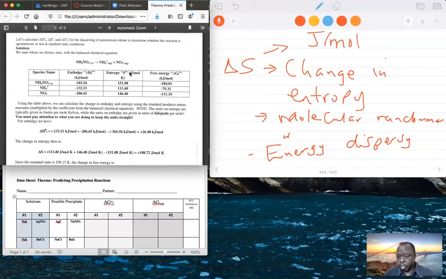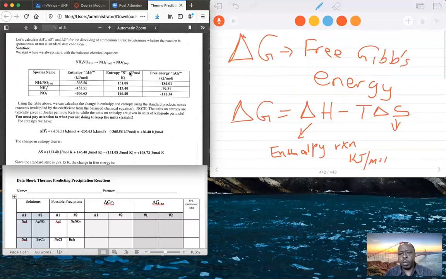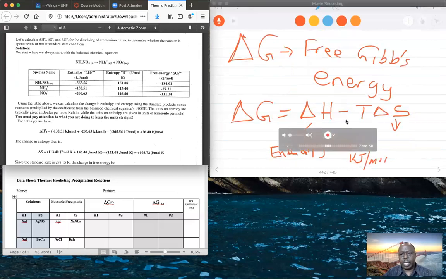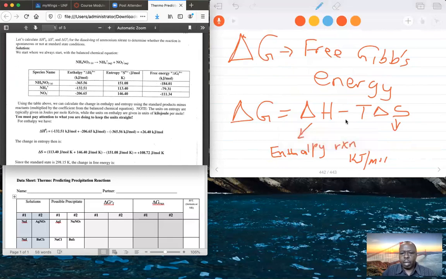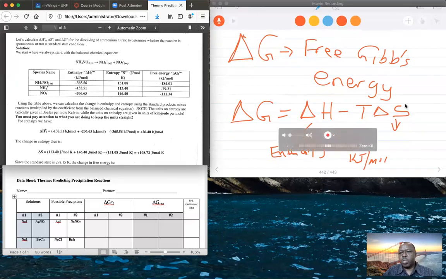You have to pay attention to that, so that when you use this equation, you don't just add them up. The entropy term needs to be changed to kilojoules before you plug it into this equation. And temperature is always in Kelvin.